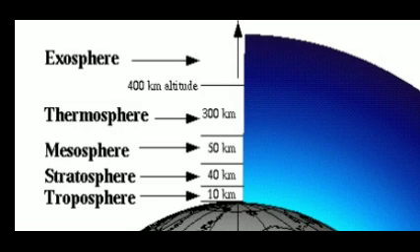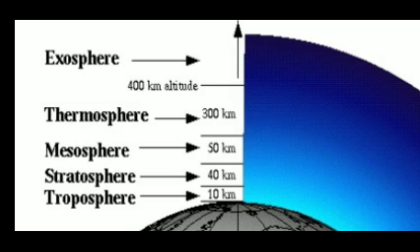The air component of the environment that surrounds Earth's surface is called the atmosphere. The different layers of atmosphere are called troposphere, stratosphere, mesosphere, thermosphere, exosphere.